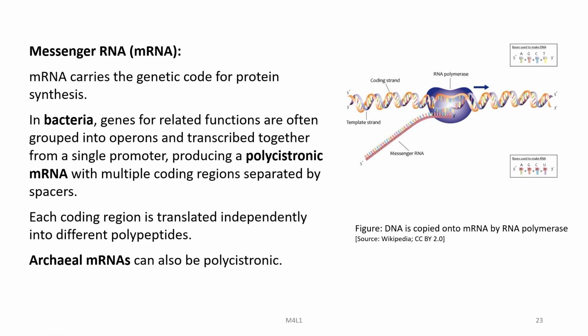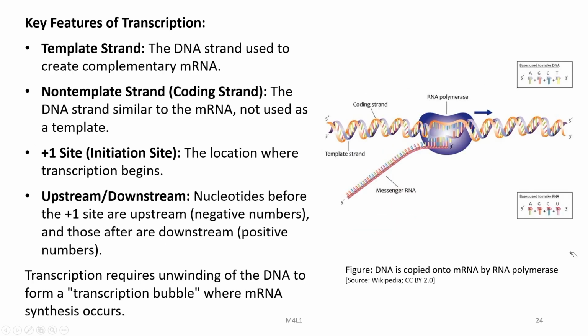So, you can see here a coding strand, and this is the RNA polymerase which is producing the messenger RNA, thereby DNA is copied into mRNA by RNA polymerase. Some of the important features of transcription: it requires a template strand, the DNA strand which is used to create complementary mRNA.